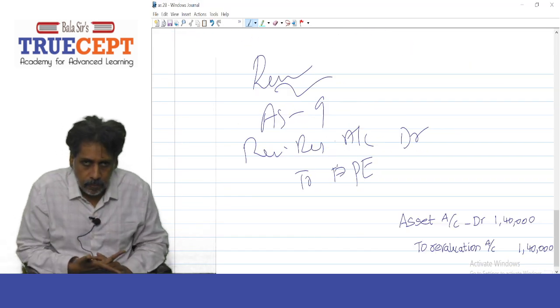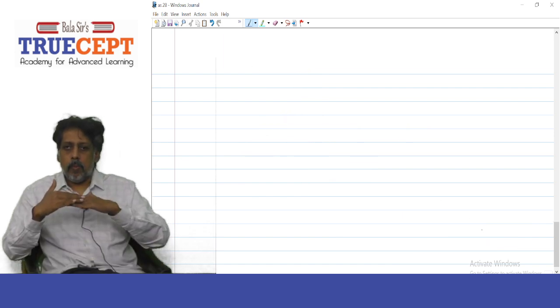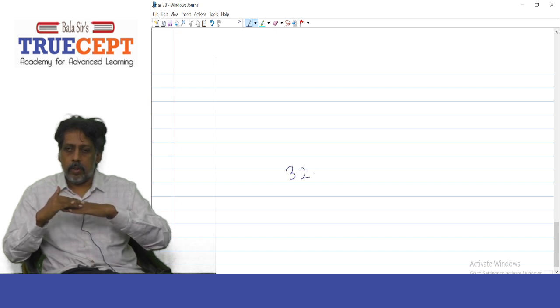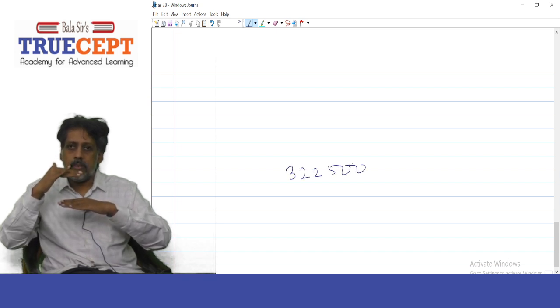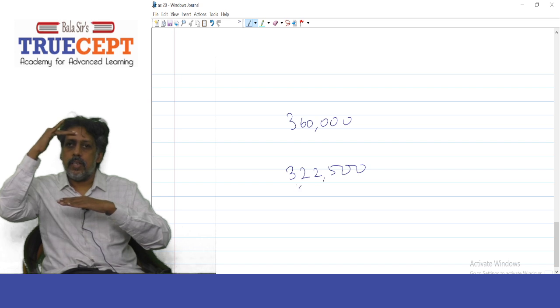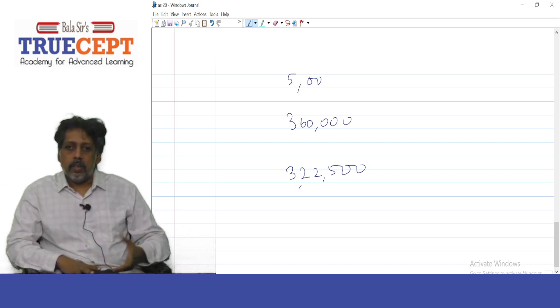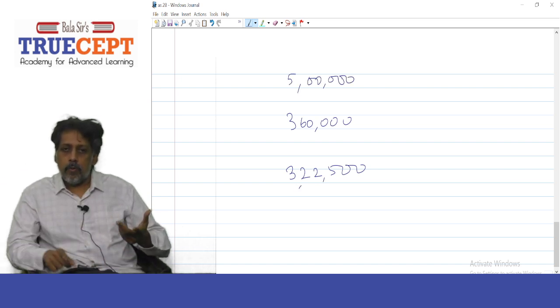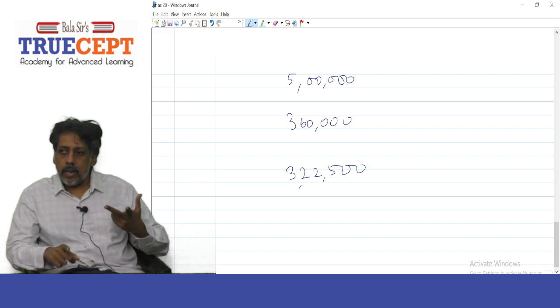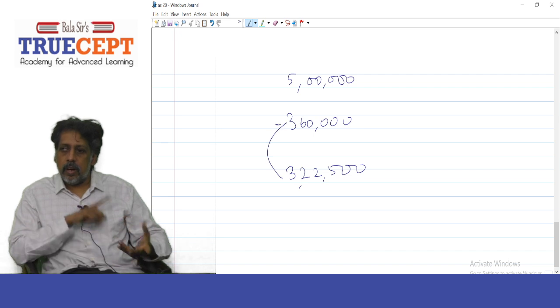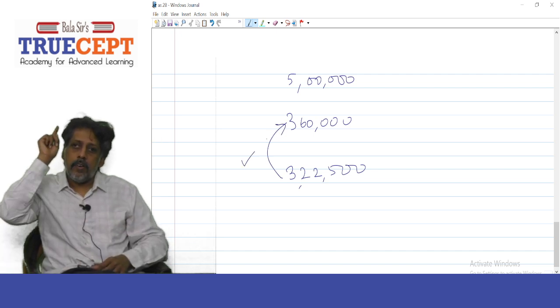Right at the bottom, 3,22,500. Just above that, you write 3,60,000. And above that, you write 5 lakh. Remember, this 3,22,500 can be taken only up to 3,60,000. You cannot take this amount to 5 lakh. Is that fine?